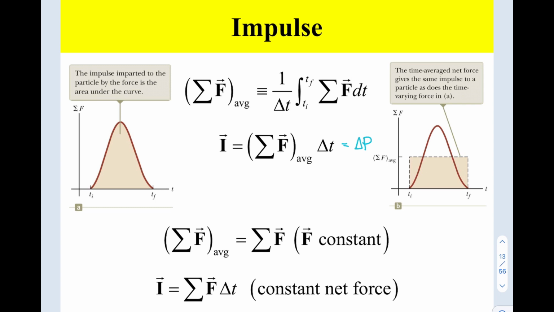In simple terms, F average is considered as a constant force. A real case is like this. If you plot F versus t for a momentum change, collision or explosion, you have this kind of graph of F versus t.